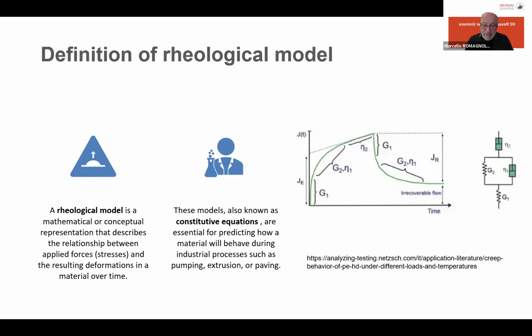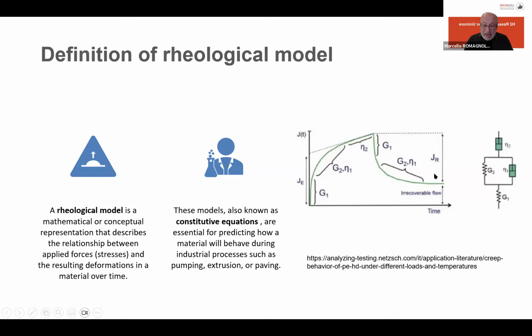If you look at the curve here, we can see the behavior of a material that deforms over time. We have an initial elastic jump like this one, then a gradual creep, and finally some deformation that we can never get back, like this one, for example.